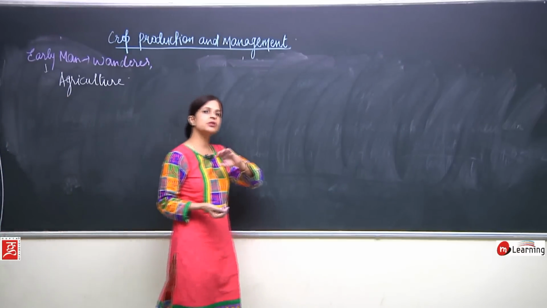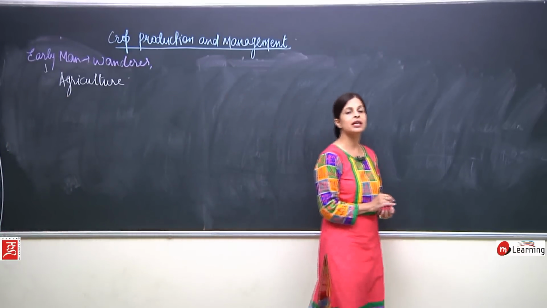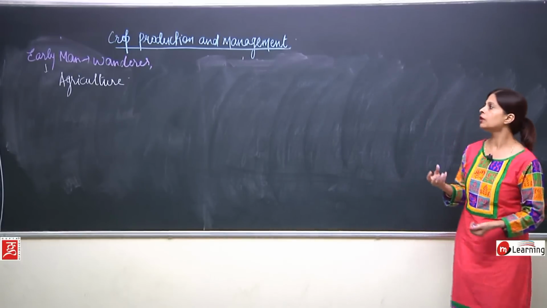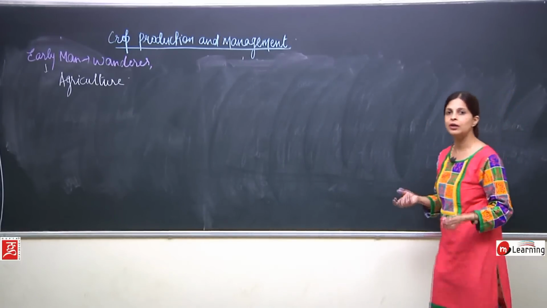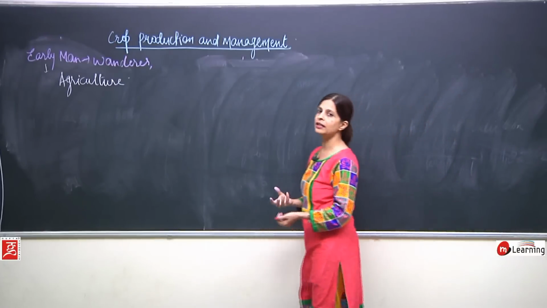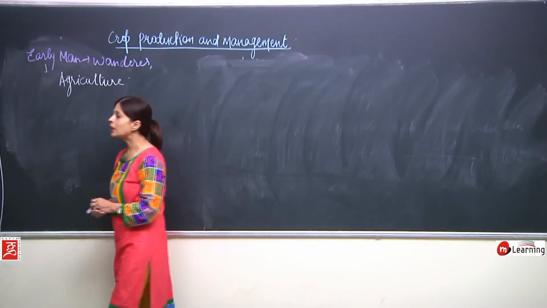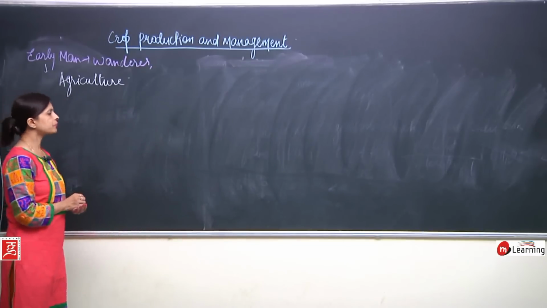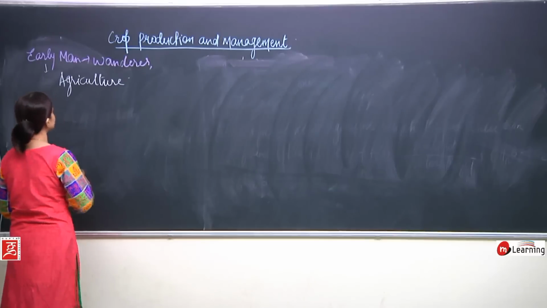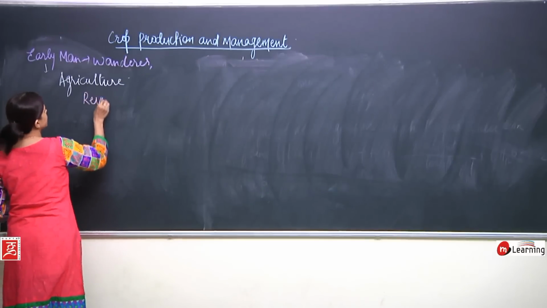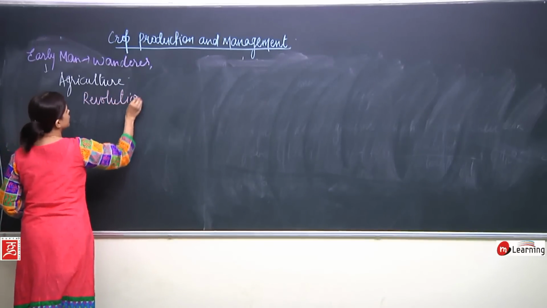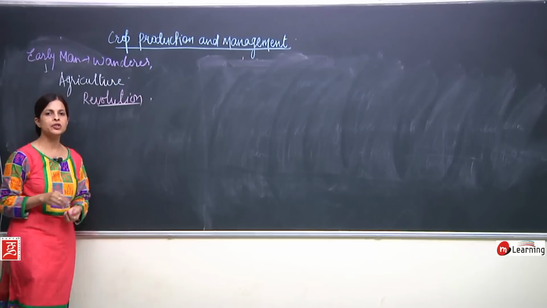Just imagine, with such a huge population, it's so difficult if the crop production is not good, if the food which we have is not enough. So scientists keep on doing researches, trying to bring some revolution in the field of agriculture.